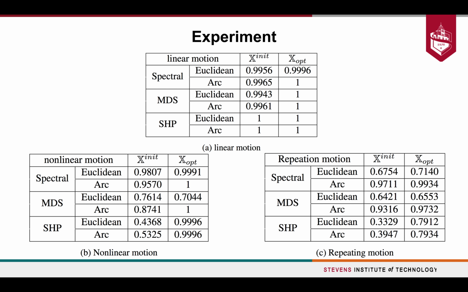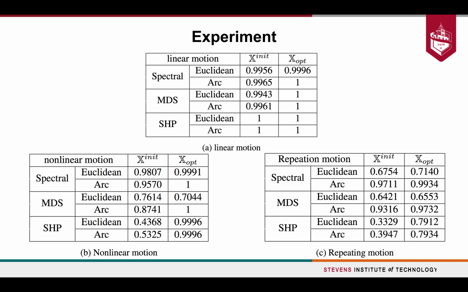We also compare with X initial, which is the triangulation-based method, and X after the optimization, to show that our structures have better sequencing information.